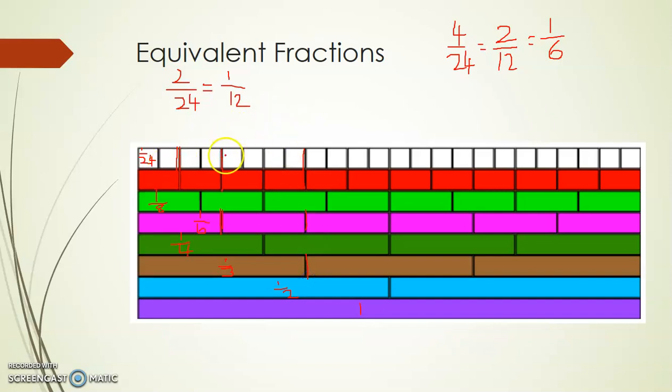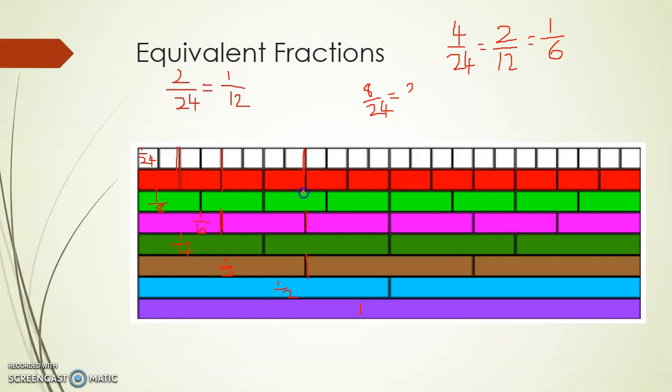Same fraction, look. We saw till this it is 4 by 24, 5, 6, 7, 8. So 8 by 24 is equal to, what fraction does this represent? This is 3 by 12. 8 by 24 is equal to, it's not 3 by 12, it is 4 by 12. 1, 2, 3, 4.